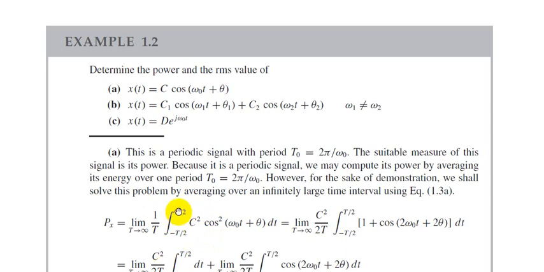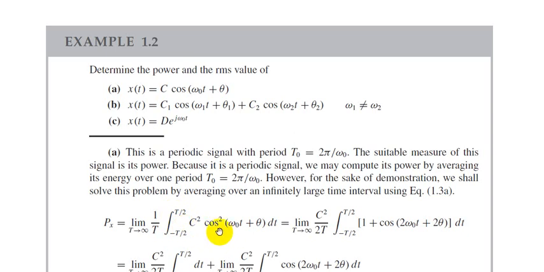From one point to another, we are integrating the actual function. The function is C cos omega naught t plus theta, so it will become C cos omega naught t plus theta whole square, which is C square cos square omega naught t plus theta dt. You can take C square outside of the integral, because C square is a constant term and is not dependent on time.